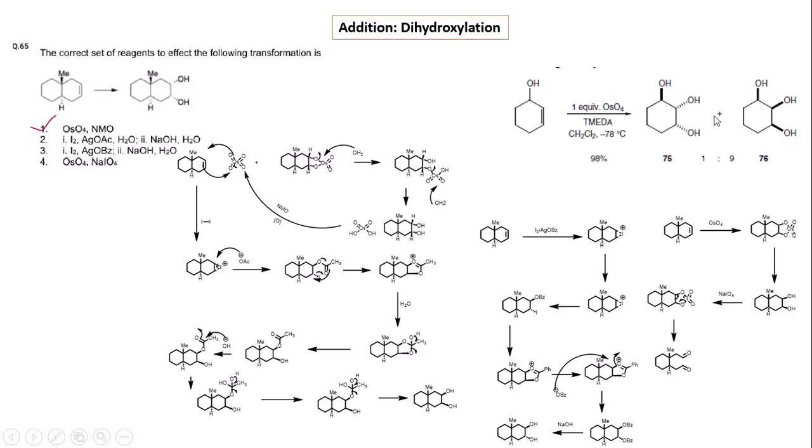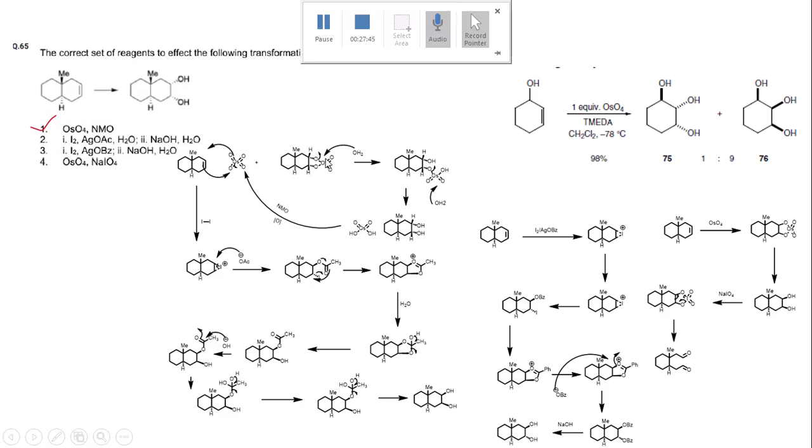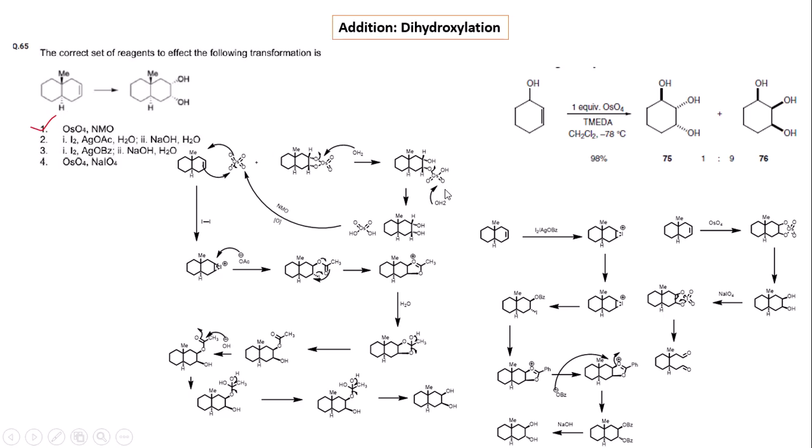intermediate. And this is the dihydroxylation reaction, where the cis alcohols have been obtained, mainly using osmium tetroxide, and the methyl group is present on the upside, so it is preferred to chelate at the downside and get the hydroxy group in the cis alcohol, and we get the sterically less hindered cis alcohol.